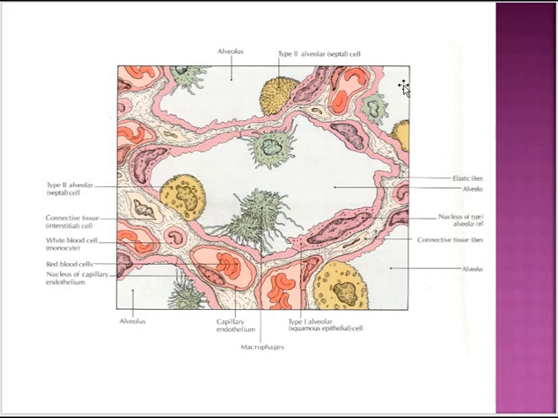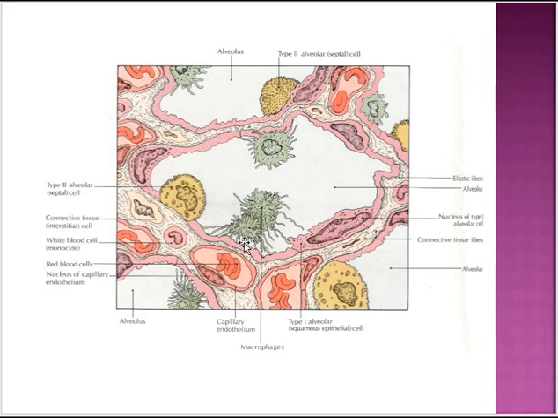oxygen for carbon dioxide. Type 1 pneumocytes, as we are looking here, form greater than 95% of the alveolar surface. Most of the organelles of this cell are crowded around the region of the nucleus, whereas the remaining regions of the cell are approximately 8 nanometers in thickness and house mostly the fluid cytosol.